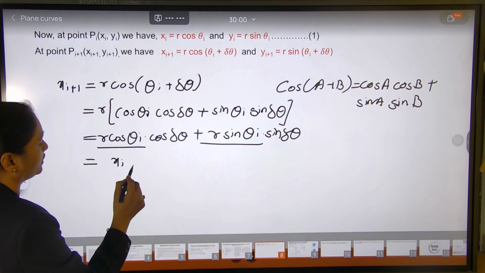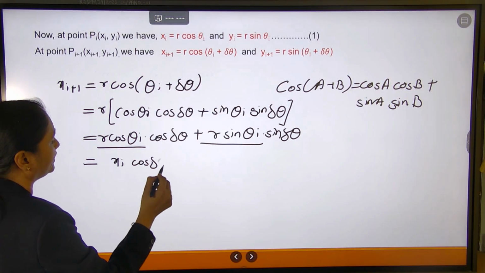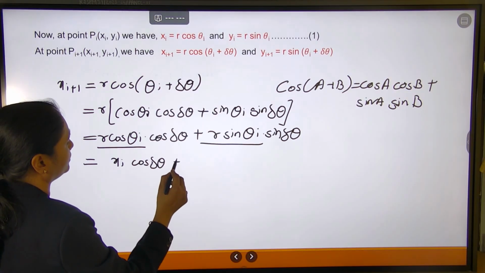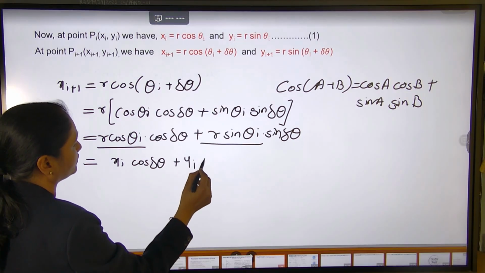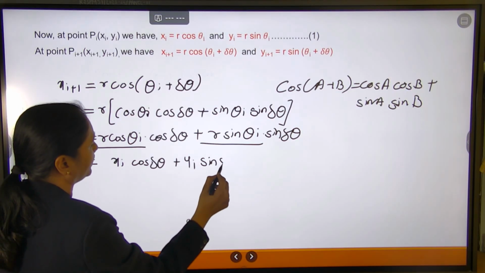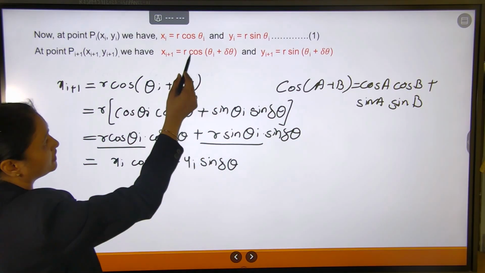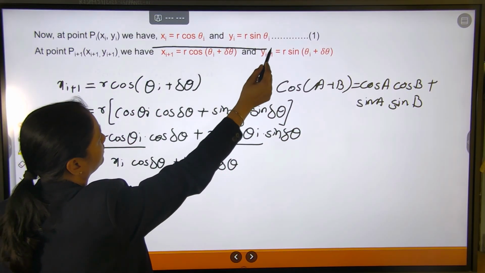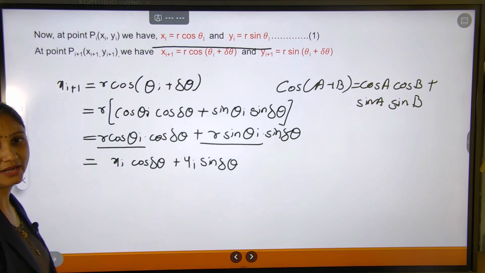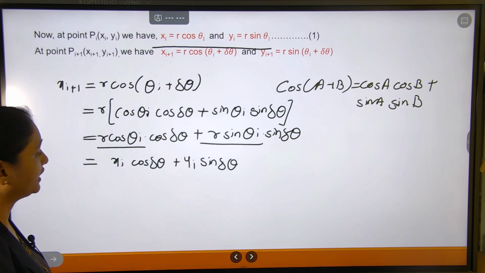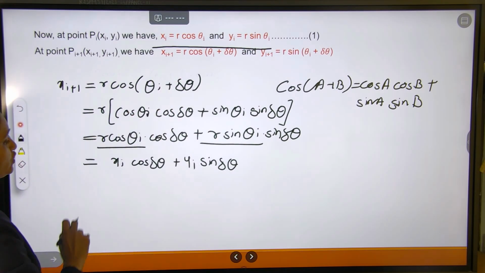So xi cos delta theta plus yi sin delta theta. This is from equation 1, where xi is r cos theta I and yi is r sin theta I. So this is the x coordinate.